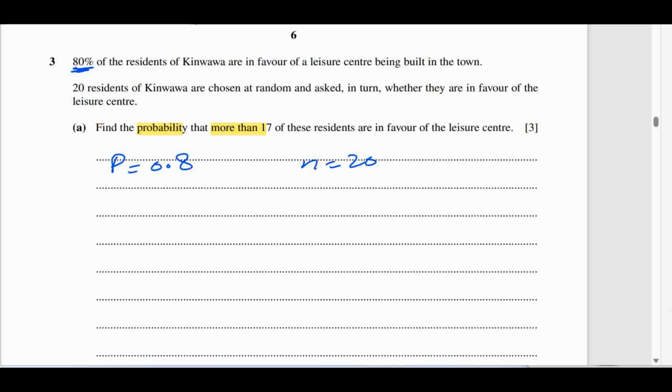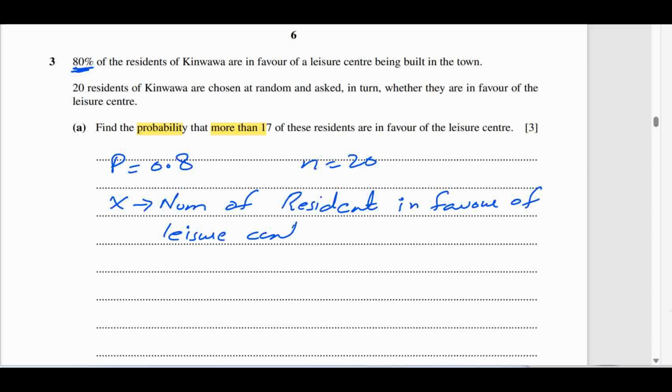As we can see, let's say that X is the random variable and X is the number of residents in favor of the leisure center. Okay, leisure center.